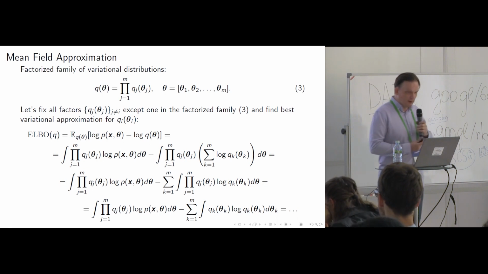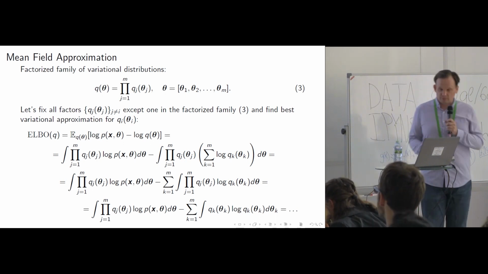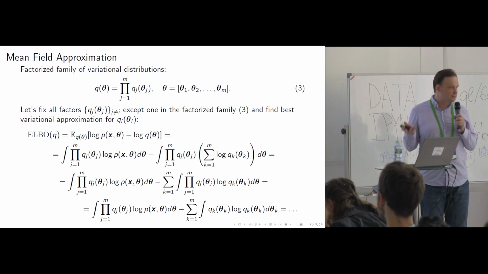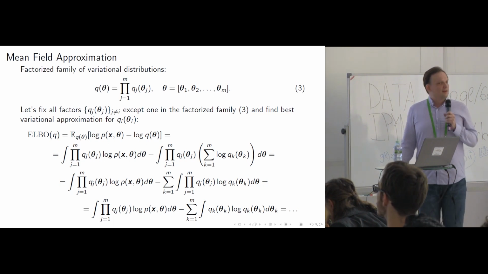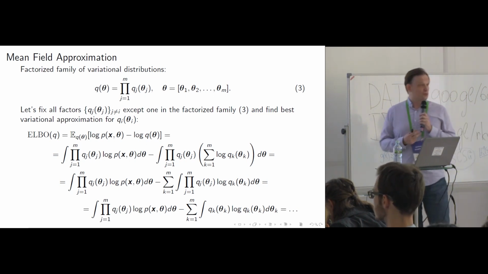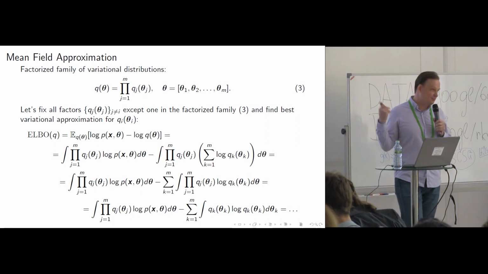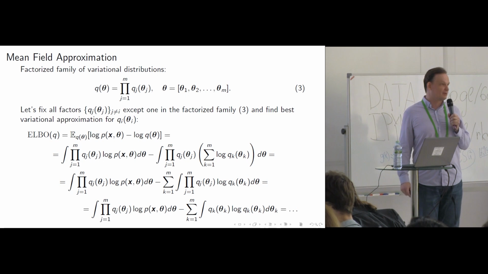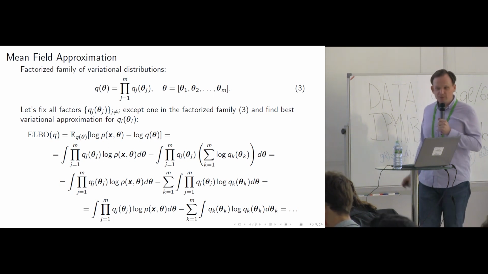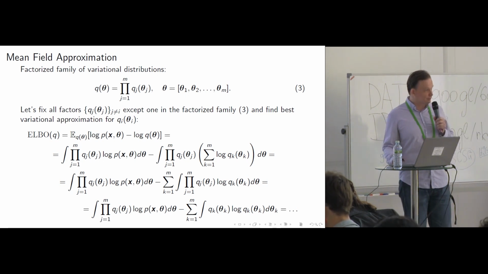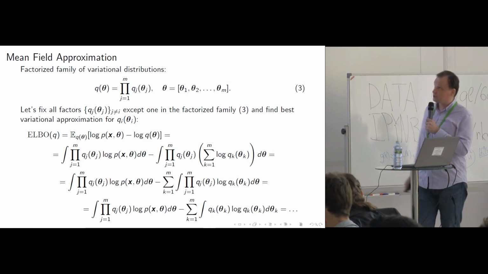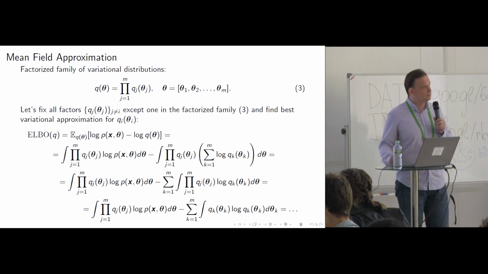Okay, so now it's time to discuss this big Q simplified family of distribution. Which distributions are actually simple that we're actually able to maximize this ELBO criterion function within them. We will consider two classes of this variational distribution, and the first one is called mean field approximation.